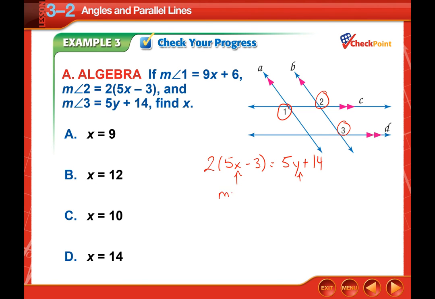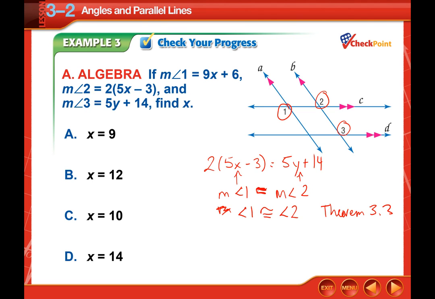So by theorem 3.3, I can look at this as the measure of angle 1 is equal to the measure of angle 2. Okay, we know this because angle 1 is congruent to angle 2 because of theorem 3.3.